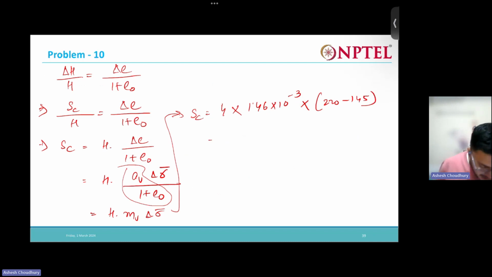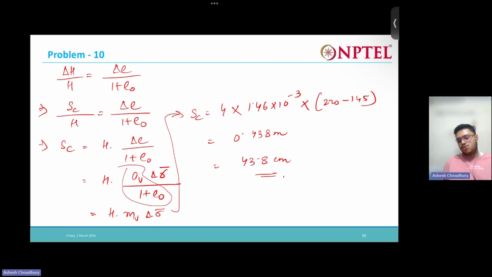So find it out. Very simple. Please calculate. Extremely simple. This will be 0.438 meter or 43.8 centimeter.